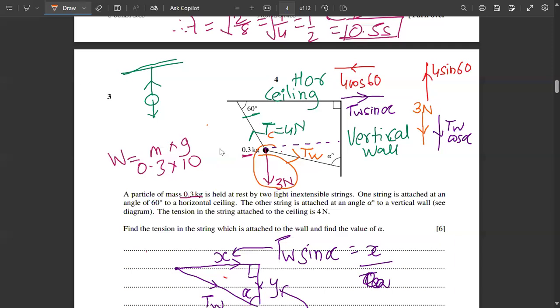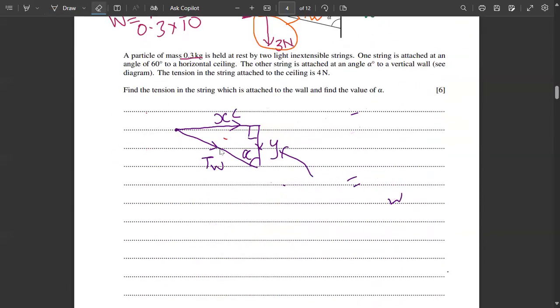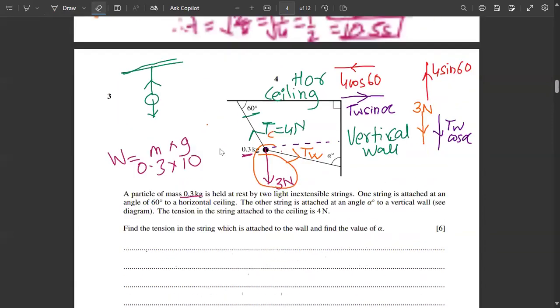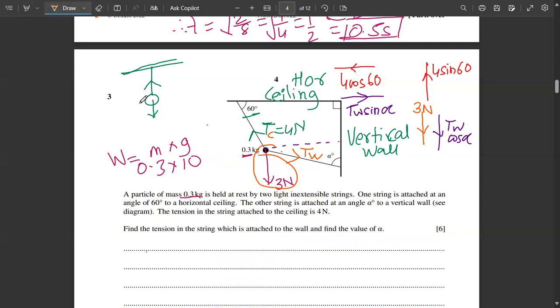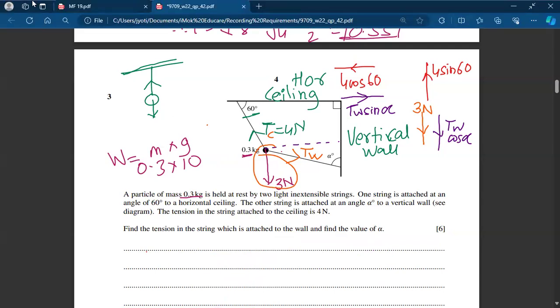Now let me combine everything. So first of all, all the vertical forces and all the horizontal forces that we have seen right now, we need to affix them again. What do I mean by that? I'll show you just in a second.